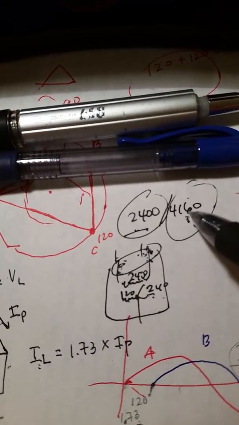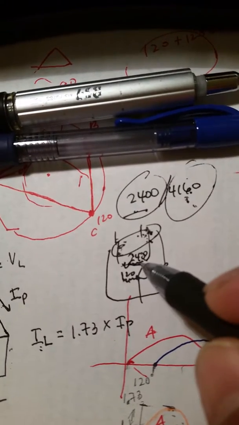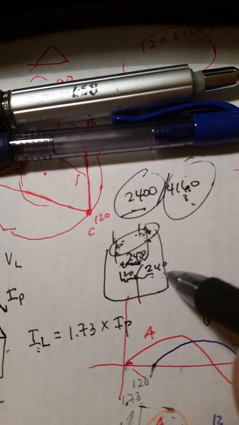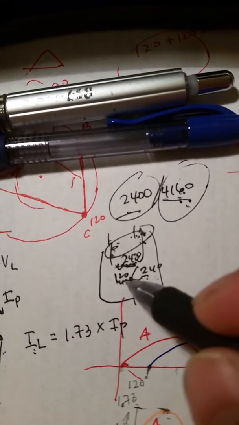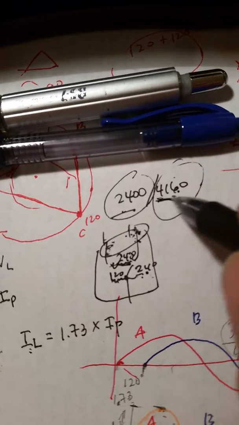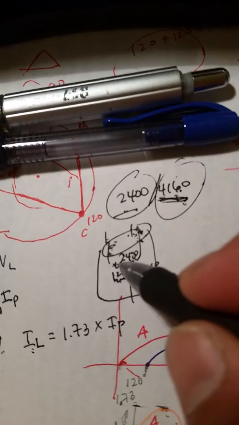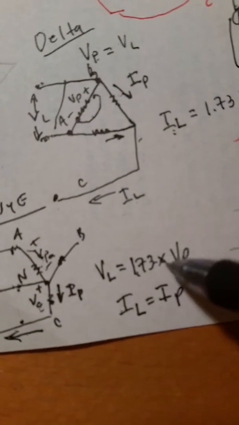So once again, when the transformer is rated at 2400/4160, it's still got to get 2400 in that primary coil. So people be scratching their head, well, how come we hook it up to 4160 and we still get 120/240? Well, if you hook it up Y 4160, this voltage drop from here to here is going to be 2400 because of this right here.